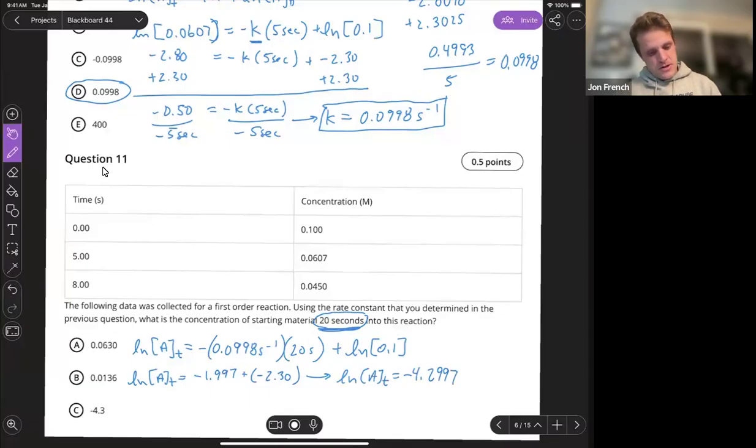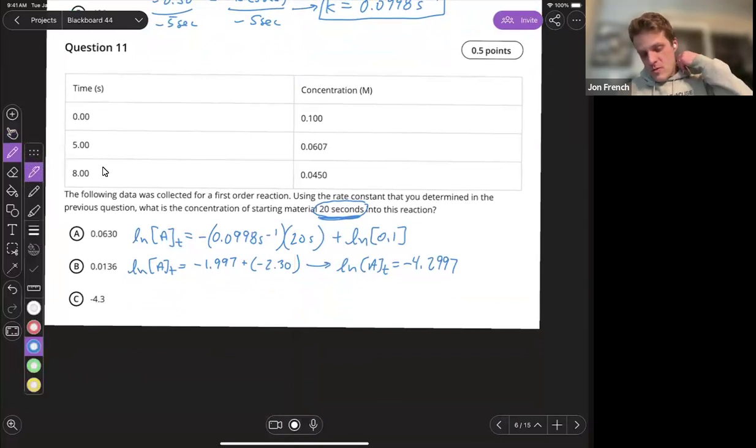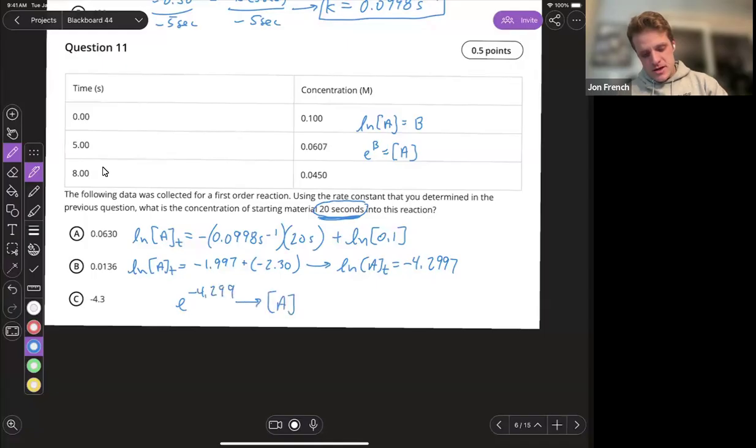And our concentration equals, remember, if we have the natural log of A equals B, well then e raised to the B is going to equal my concentration of A. So e raised to the negative 4.299 is going to give us our concentration at time t.